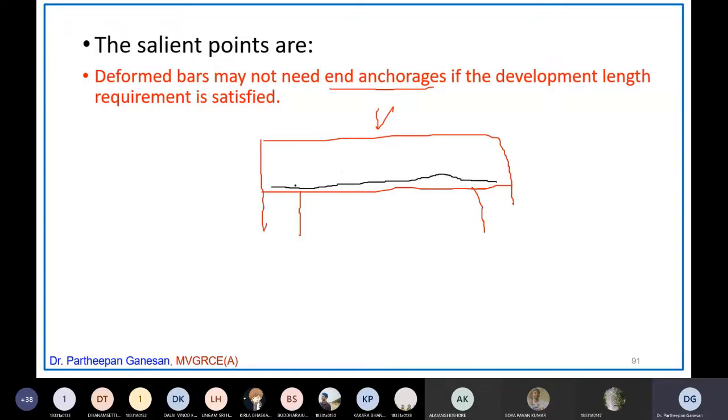Now I will see, from the support to the midpoint, whether this much length of bar is sufficient or not. If this is sufficient, I am perfectly okay. But if this length is not sufficient, then I have to bend the bar like this, a 90-degree bend, or I have to make a hook. But normally a 90-degree bend would be sufficient. Like this, I have to bend 90 degrees.